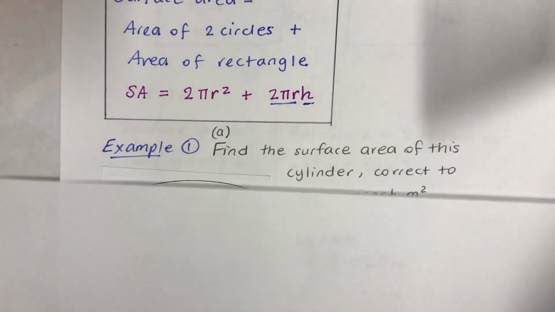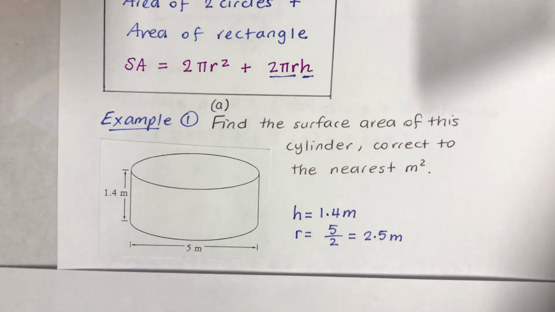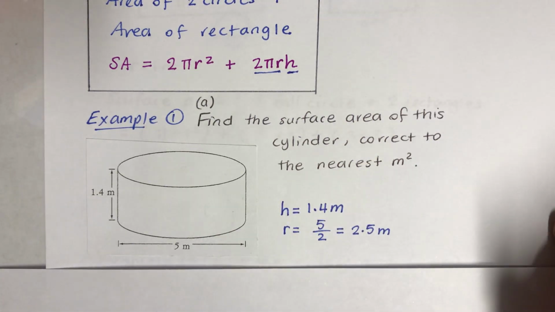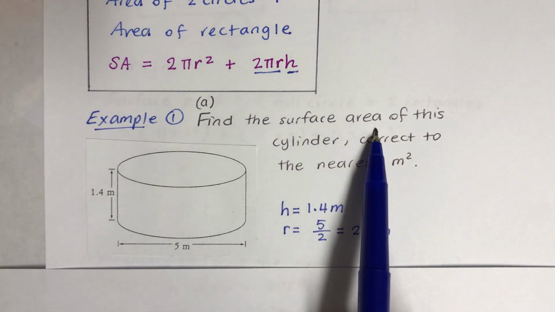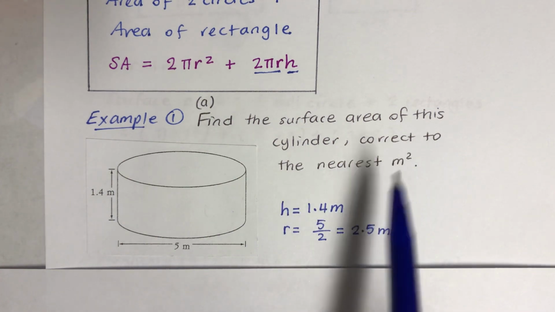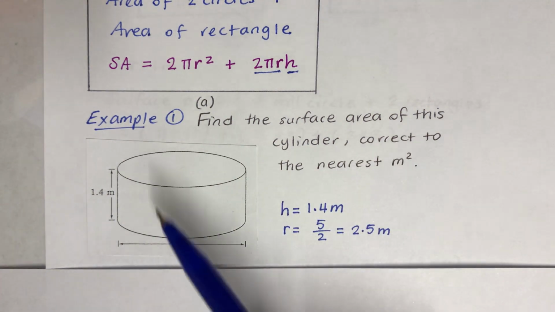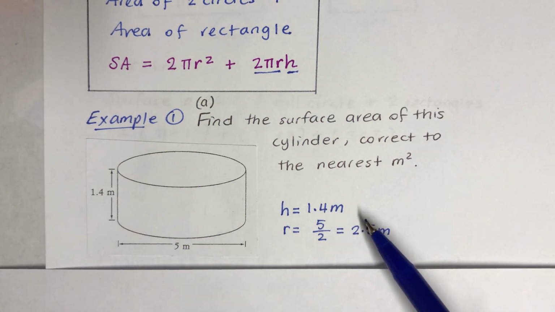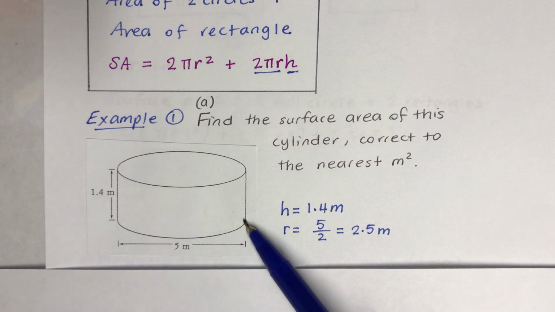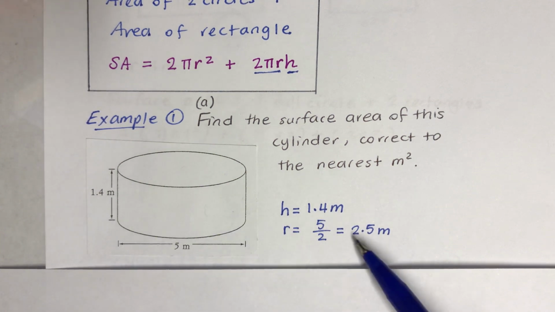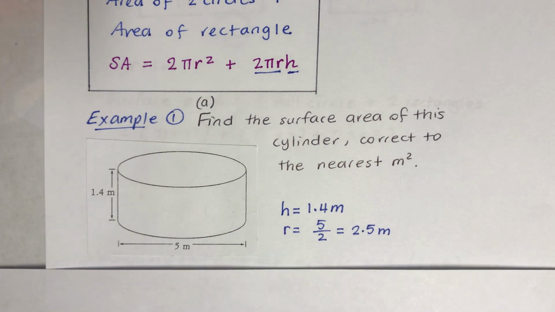Okay, so let's have a look at example 1. There's 2 parts. One part says, find the surface area of this cylinder correct to the nearest meter squared. So this cylinder, I can see my height is 1.4. Radius, this is actually diameter, so radius is half of diameter, it's 2.5 meters.